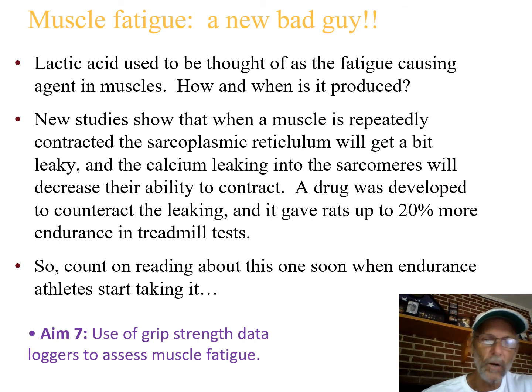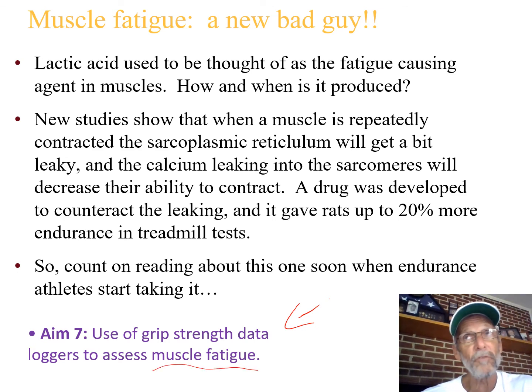Okay, so this is going to be fun. They suggest that we do this. They don't test you on this, but this is a good little lab that's easy enough for us, because now we're getting into the muscle fatigue part, which we talked about way back when.